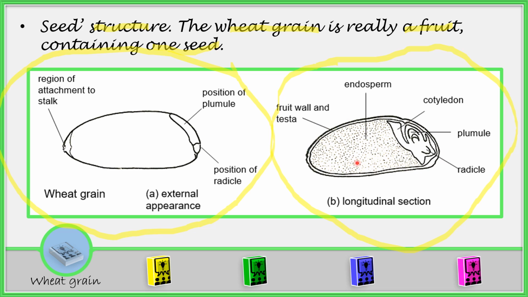Then we have the endosperm here. And here we have the cotyledon, the smaller portion. Then here we have the plumule. Then from the plumule we have the radicle down the side. So that's how the wheat grain looks.